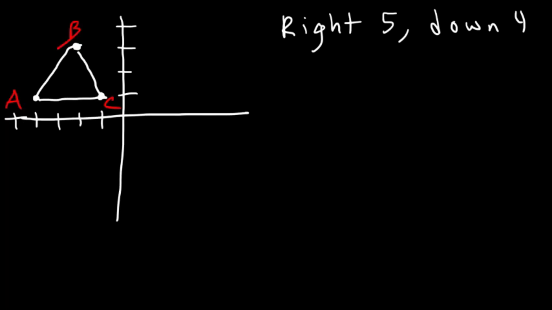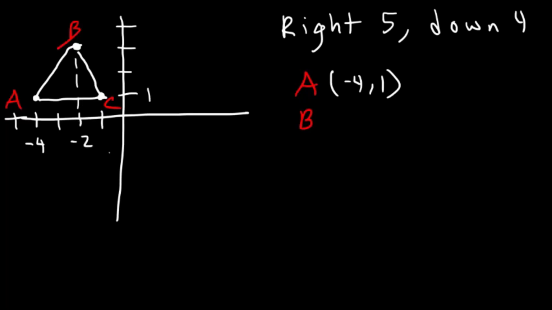Now, the best way to go about doing this is to find all the points of the original figure. So point A, if you look at the graph carefully, is at -4, 1. Point B is located at -2.